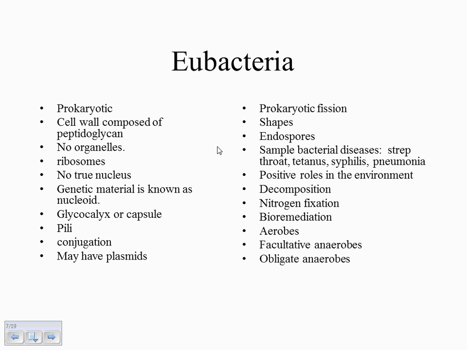Last thing here I'll mention, most bacteria are aerobes, which means when they do cell respiration, they need what? They need oxygen. Most of them do respiration the same way we do, aerobic cellular respiration. There are some bacteria that are called obligate anaerobes.